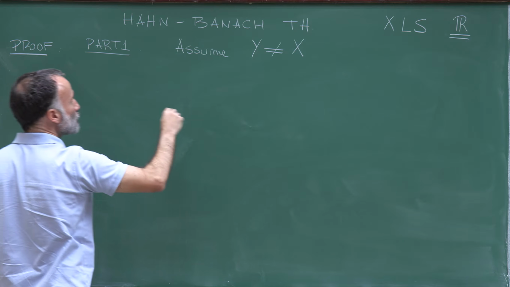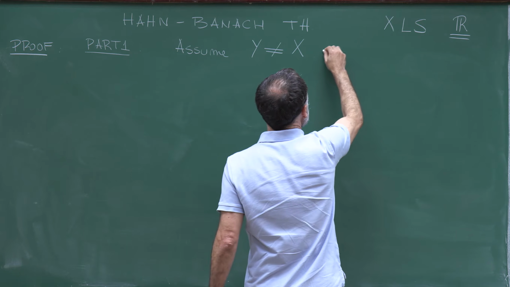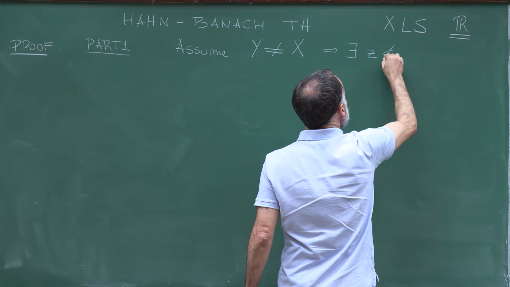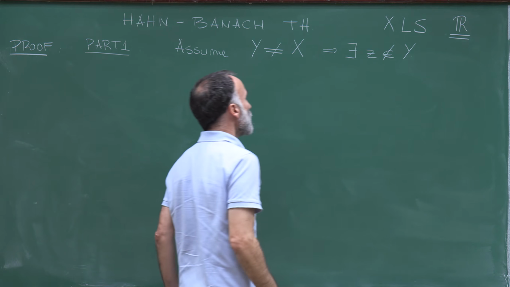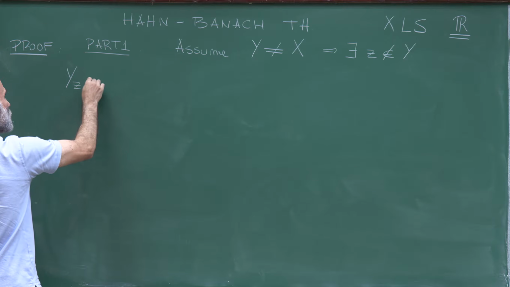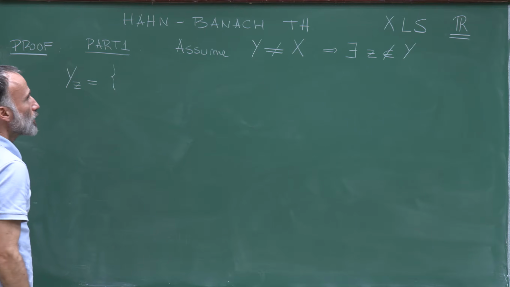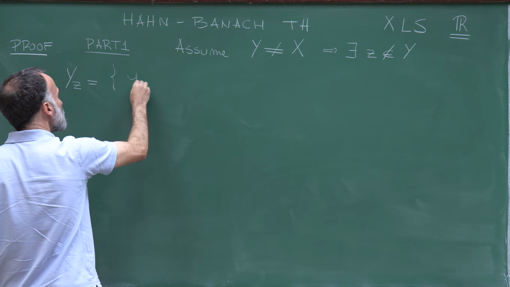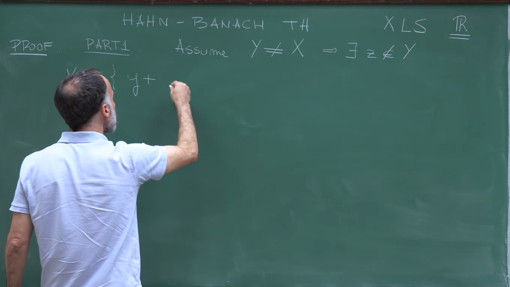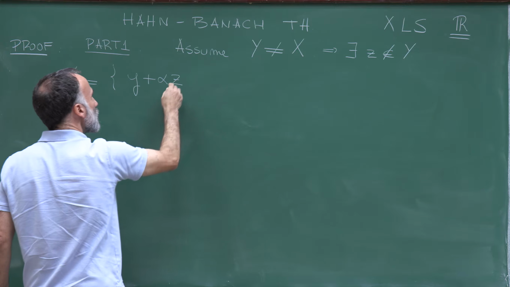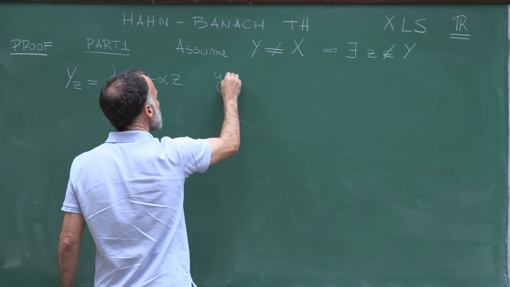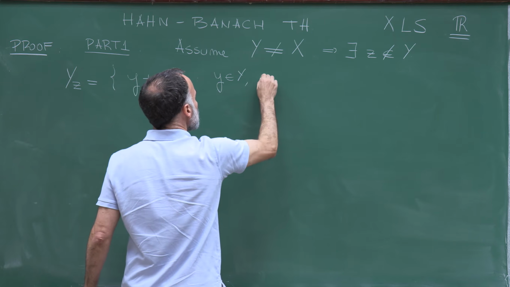This means that there exists a z which does not belong to Y. Now I consider a new space, Yz, which is the space composed of all elements which can be written as a linear combination of an element of Y and a scalar multiplying z. So this is y in Y and alpha in R.